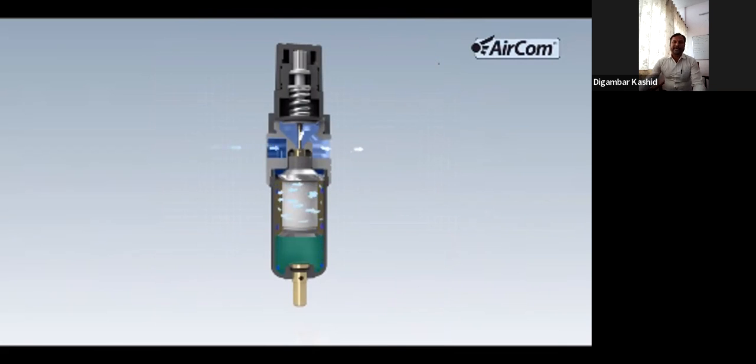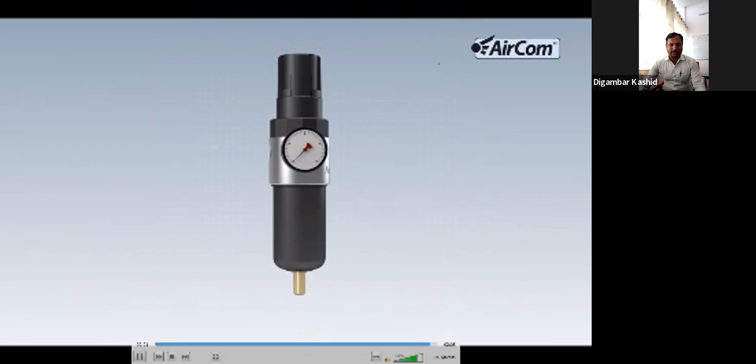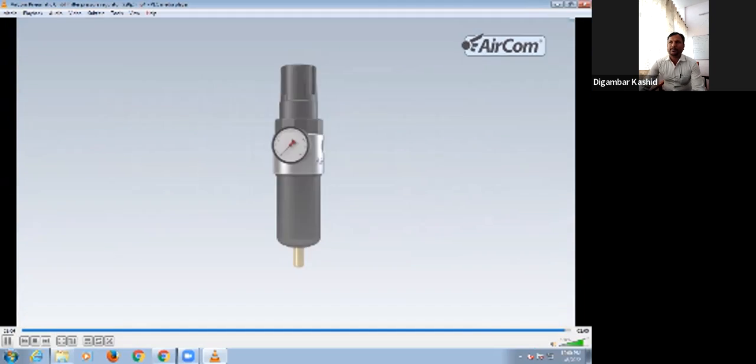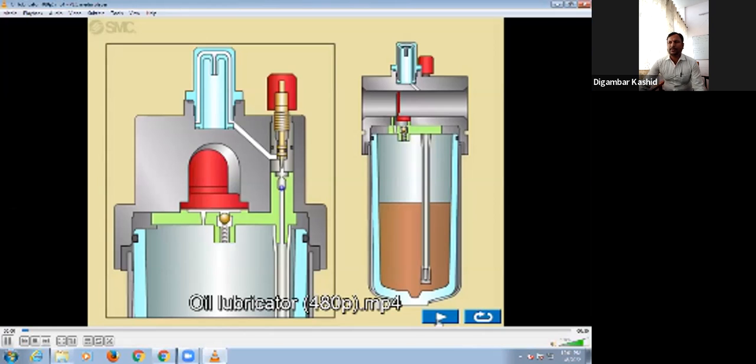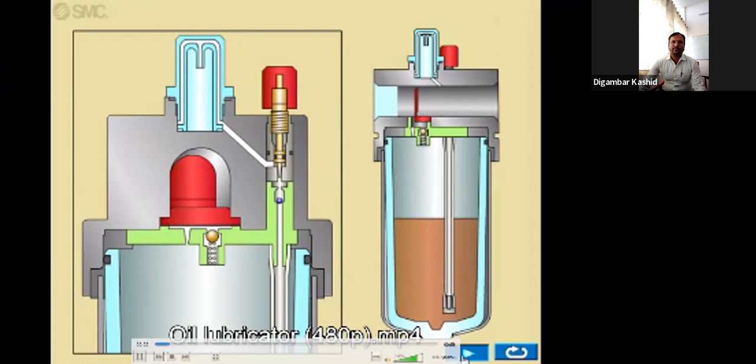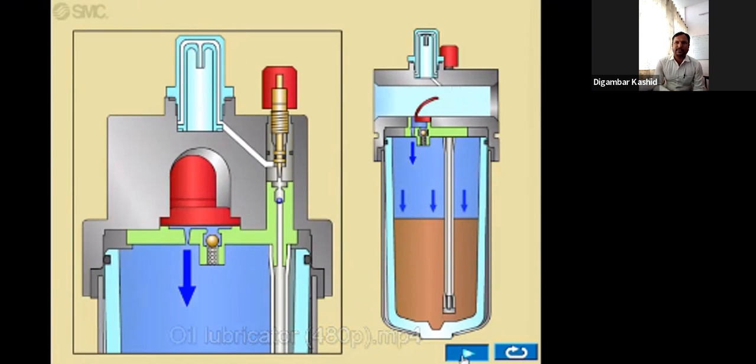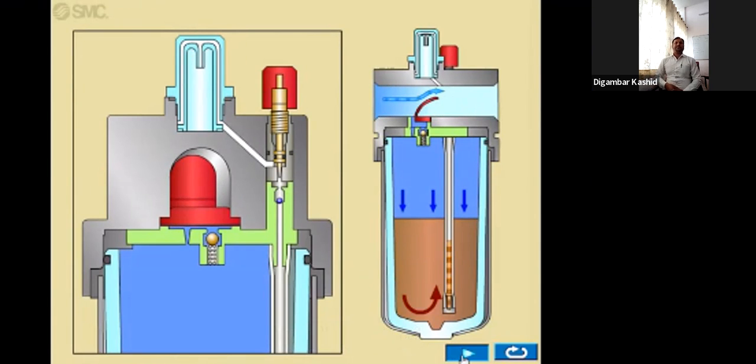It's an air filter and regulator. One minute. And the last one is remaining. This one. You can see the oil lubricator, how it operates, how it works, how oil is added into the air.